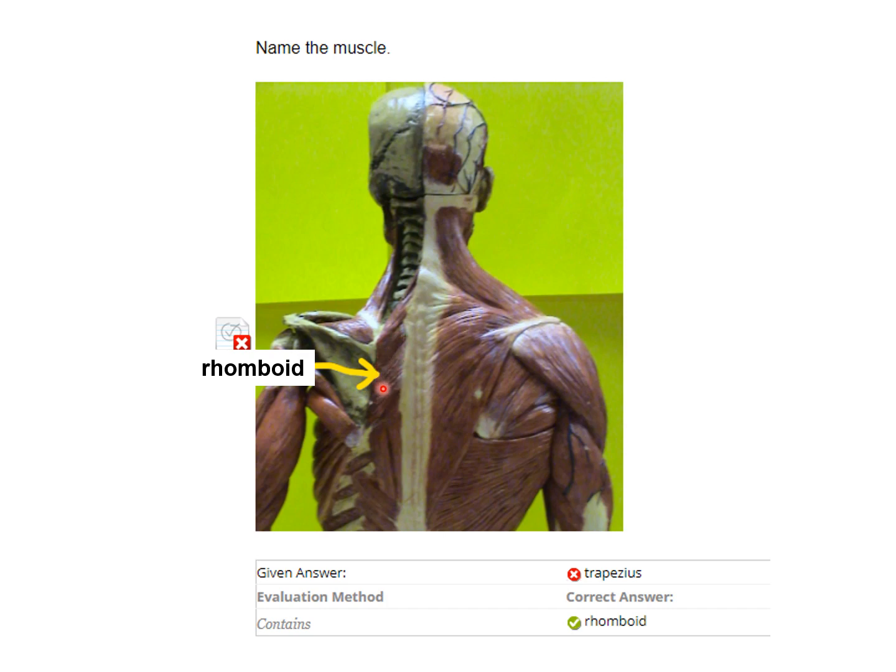Now, a lot of students confuse the rhomboids for the trapezius, as this student did, answering incorrectly with the trapezius. The trapezius is located in the same area as the rhomboids, but it's more superficial. You can only see the rhomboids here because the trapezius has been removed from this side of the muscle model. The trapezius is shaped like a trapezoid, right?